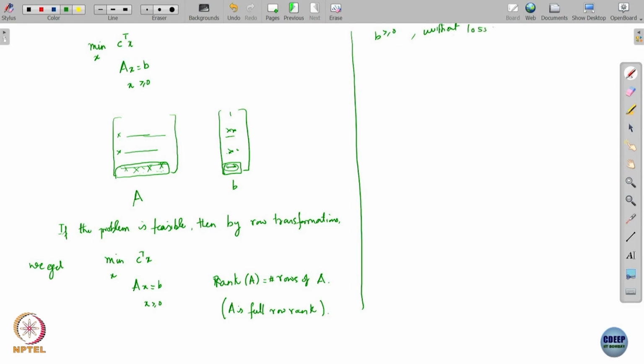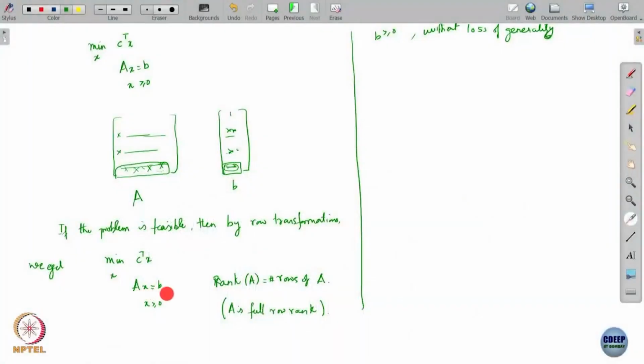So, if I try to do what you are saying, which is that I write b as b1 minus b2, a difference of two non-negative b's, you will take one of them to the left hand side, but it is not being multiplied by x.